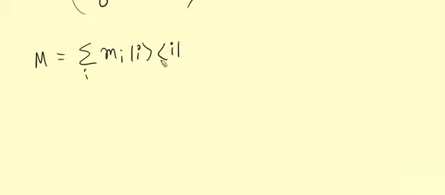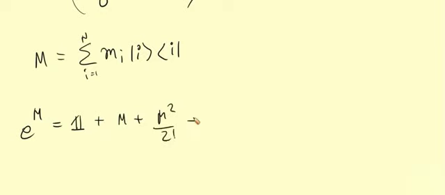So these are my basis vectors, and this is n dimensional space, so you can always write out the sum explicitly. So let's now try to evaluate like this. Again, we will start with the identity matrix, and then we want to expand this M in terms of those powers, right? So again, it will be M plus M squared by 2 factorial, M cubed by 3 factorial, and so on.